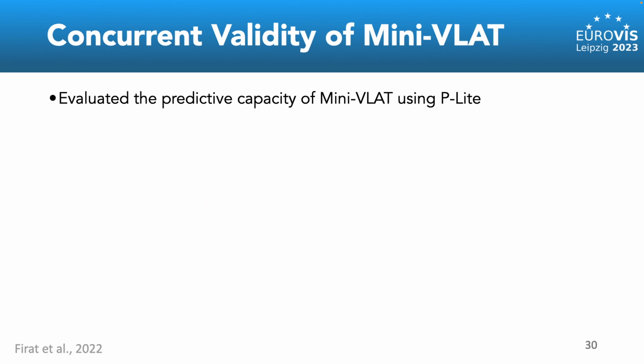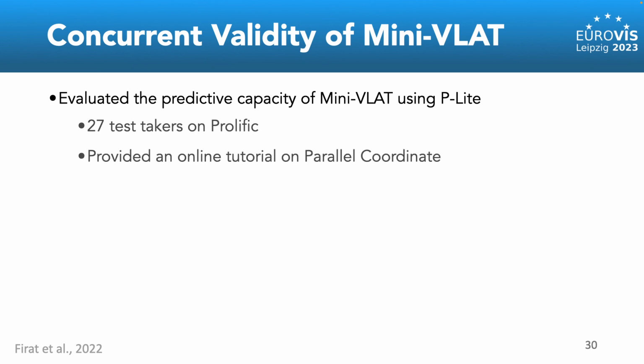So we started with recruiting 27 test takers on Prolific who were not familiar with polar coordinate plot. First, we asked them to answer the 12 questions on Mini-VLAT, and then we provided them with an online tutorial on how to read and interpret data in polar coordinate plot.